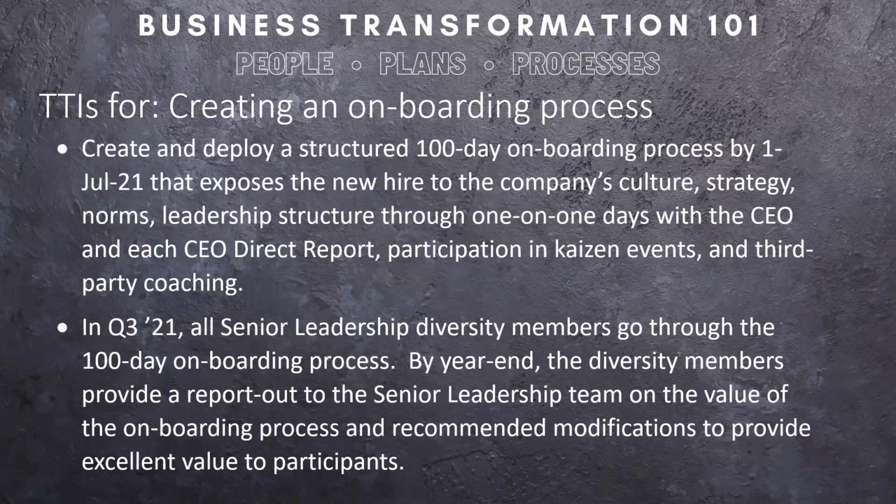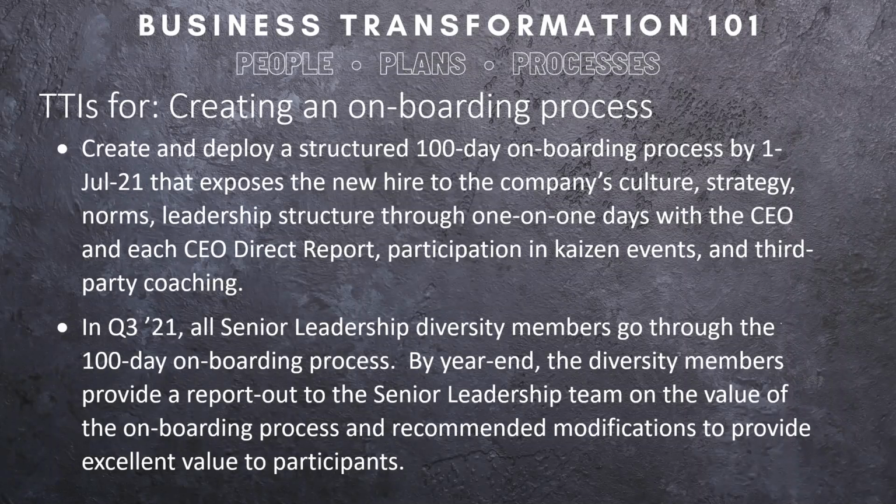Finally, there are 2 TTIs measuring the third improvement priority of creating an onboarding process. First, the team needs to create and deploy a structured 100-day onboarding process by the 1st of July, 2021 that exposes a new hire to the company's culture, strategy, norms, business structure through one-on-one days with the CEO and each CEO direct report.